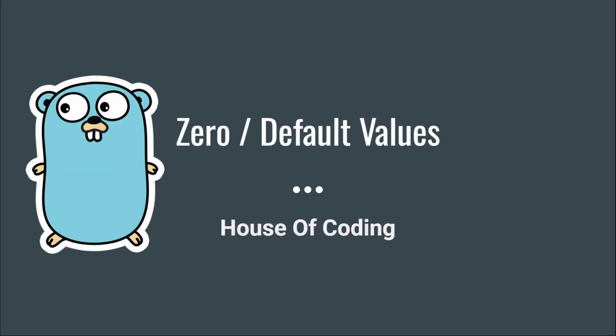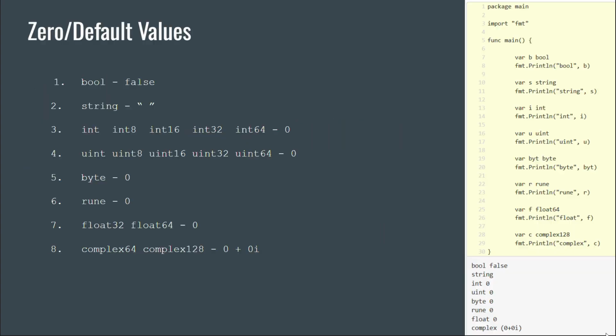Zero or default values. If we declare a variable without initializing it, it will get the zero value of that particular data type it belongs to. For example, if it is a boolean or bool, it will get false.